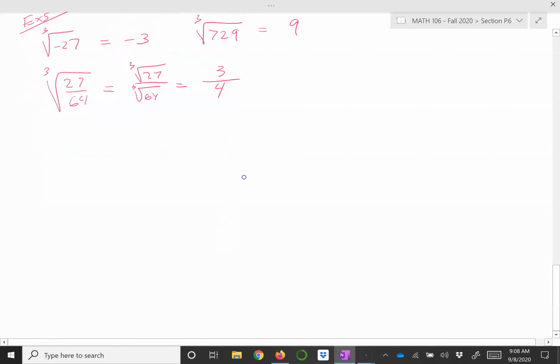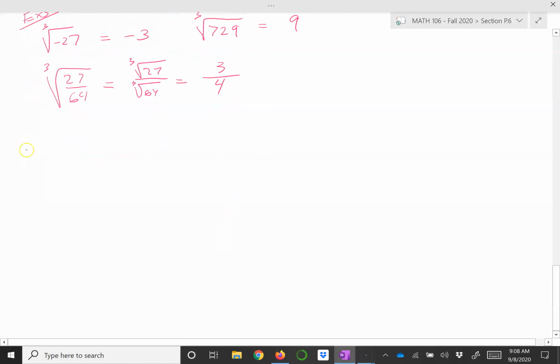All right, how about something like this? We have the cube root of negative 8 x to the 6th. Just like these previous ones, I'm going to break up the integers and the variables. So I have the cube root of negative 8 times the cube root of x to the 6th.